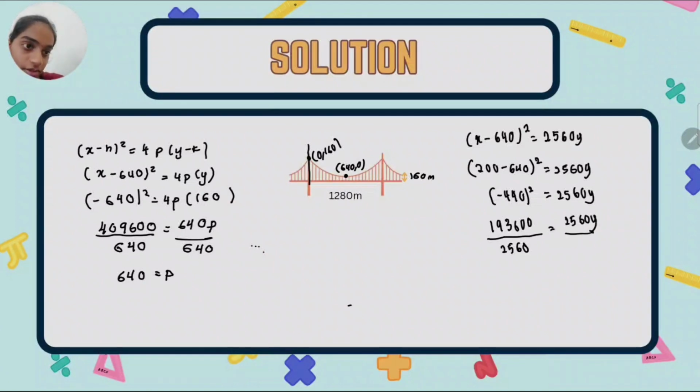We divide the value to find y, and we are going to round off the value. To round off, we will get 65 meters.